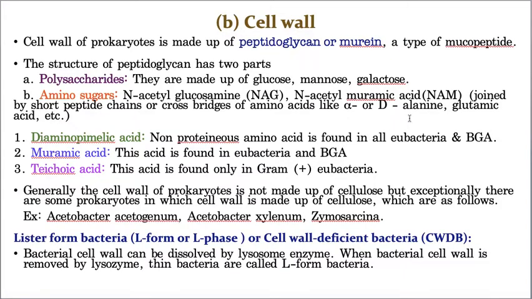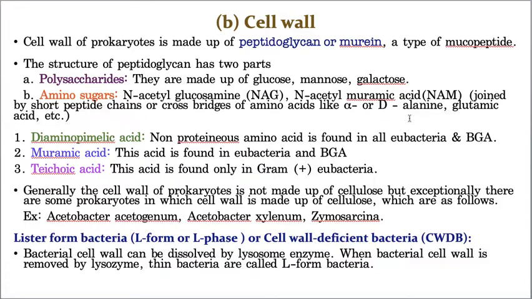Again I am telling you, the cell wall is made up of peptidoglycan. This peptidoglycan is made up of two substances, one is polysaccharide and the second is amino sugars. Polysaccharides may be glucose, mannose and galactose. Amino sugars are N-acetyl glucosamine and N-acetyl muramic acid, which need to be joined.